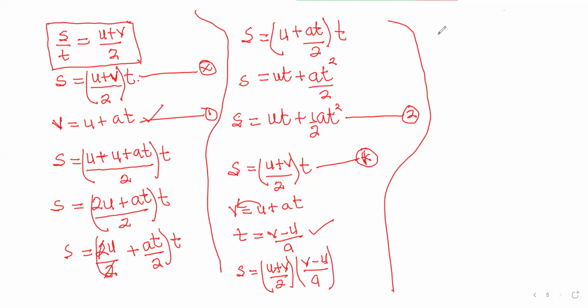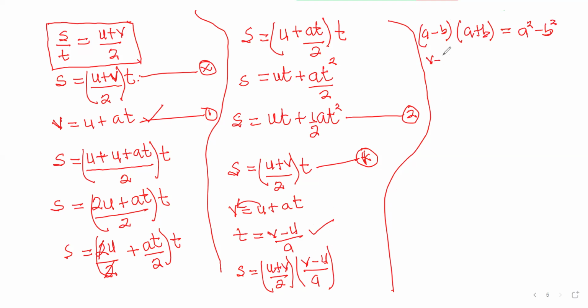And the numerator would give us a kind of difference of two squares. A minus B times A plus B is equal to A squared minus B squared. So we have a similar situation here.